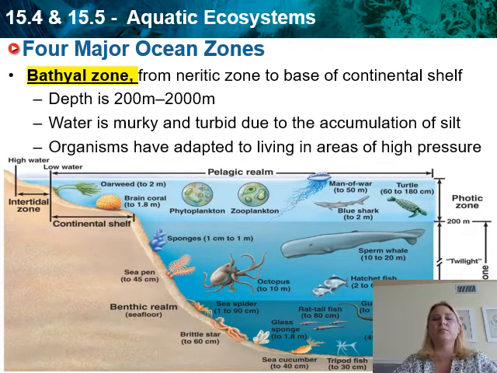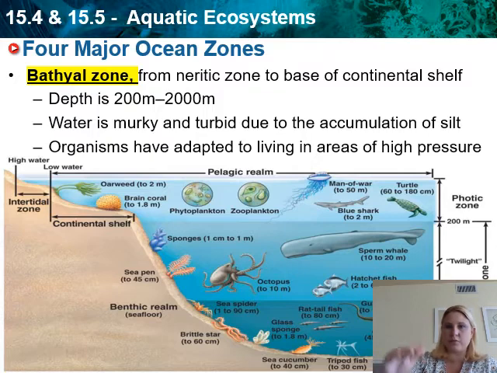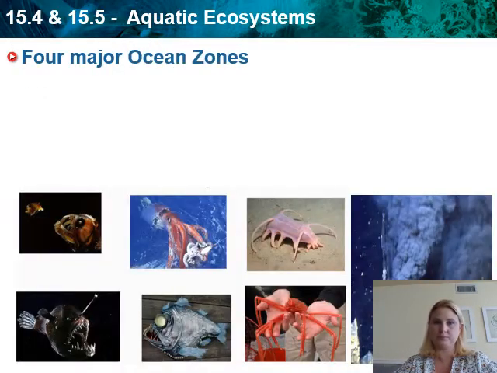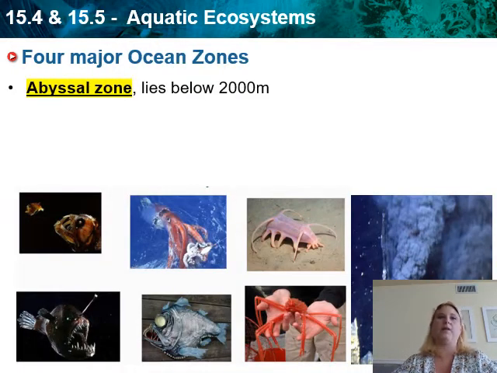And then organisms here have adapted to living in areas of high pressure. So you can see from that range of about 200 meters, and you can see it on my picture, to about 2,000 meters, and you can see the types of organisms that live there. And then lastly, you have the abyssal zone, which lies below 2,000 meters.